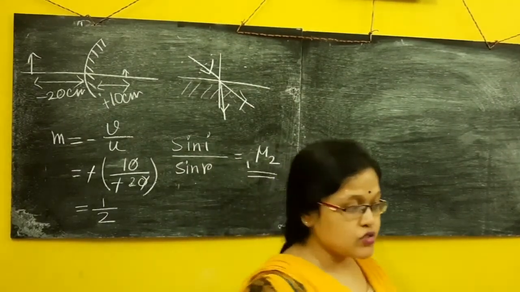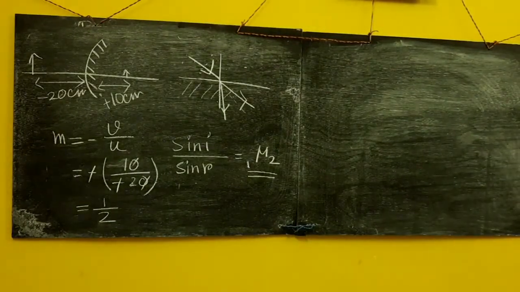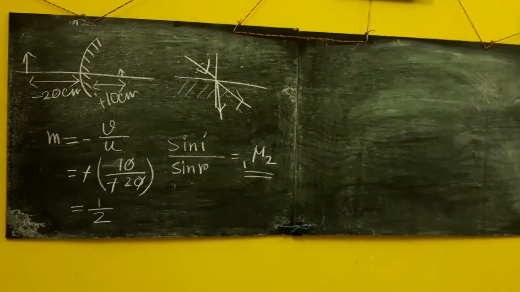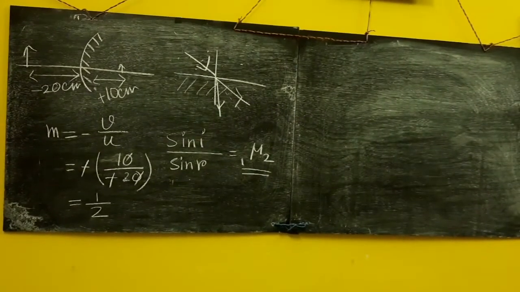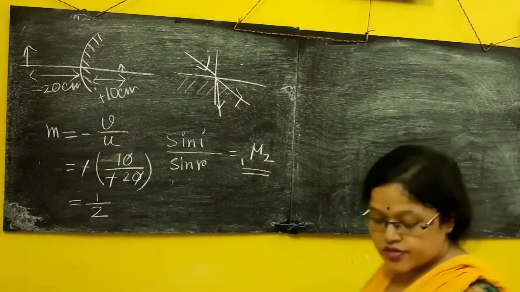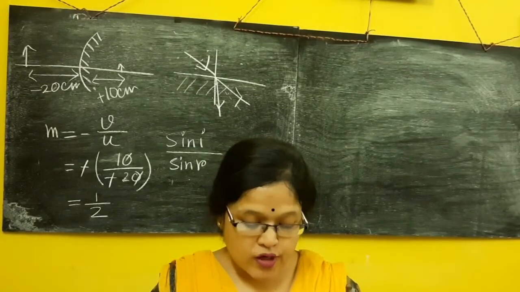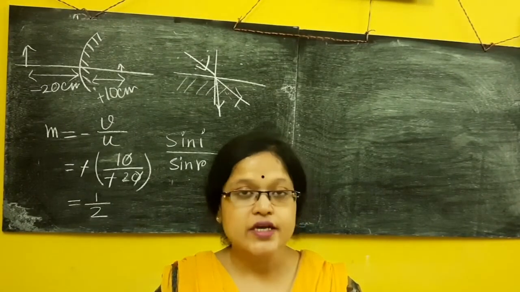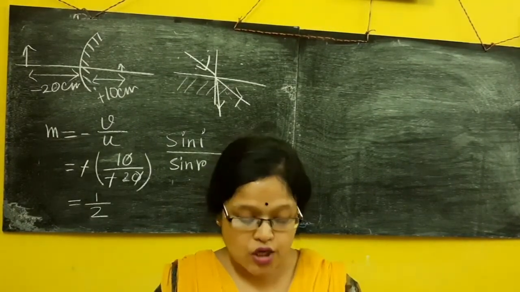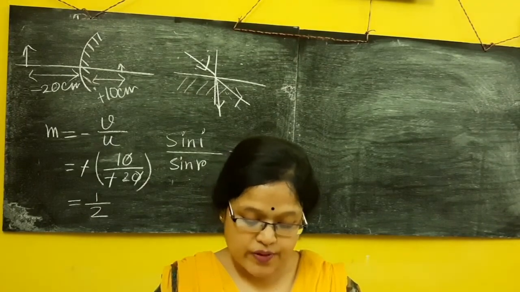Now coming to the next question. Suppose the speed of light in a medium is 2 into 10 to the power 8 meter per second.